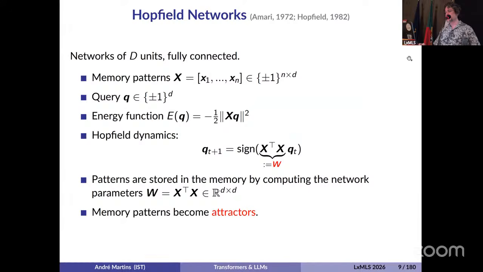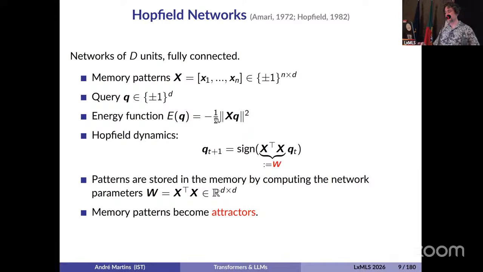So mathematically, the way it works is, these are networks with d units. This should be lowercase d, fully connected. For those of you that are familiar with Boltzmann machines, there are some similarities between these kinds of networks. We have a bunch of memory patterns that we used at training time, x1 to xn. So we are memorizing n patterns. And there's going to be a query, and there is going to be an energy function associated with this query, which takes this form.